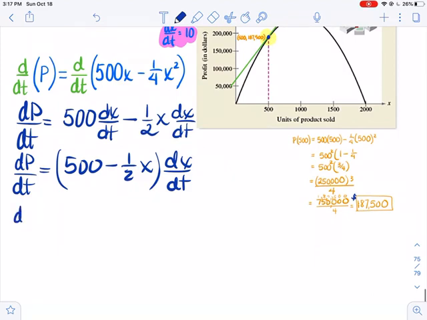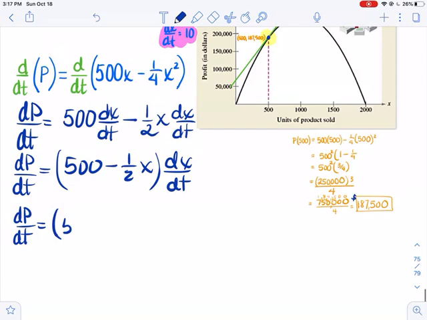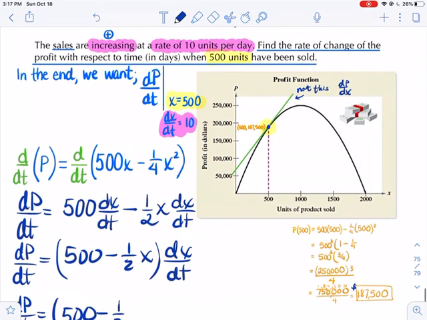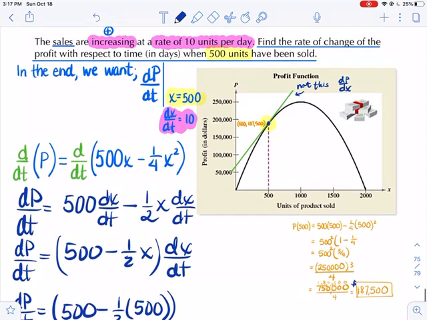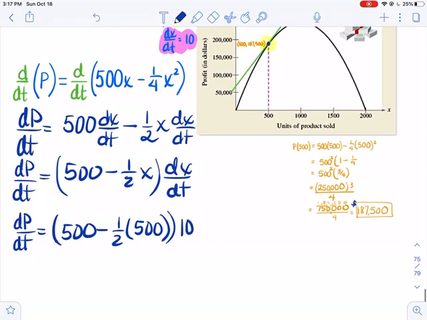So what we have to do is just plug in here. We have dP/dt, what we're finding, is equal to the quantity 500 minus 1/2. And when there are 500 units sold, we want to put the 500 in here, and our dx/dt is 10 units per day, so we're going to put that in as 10.